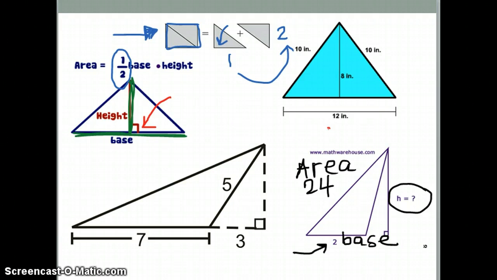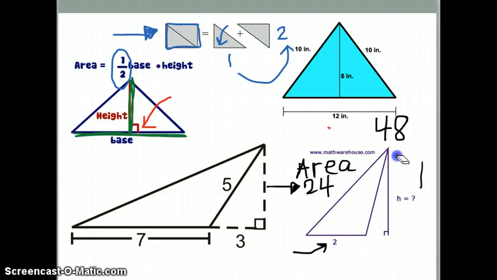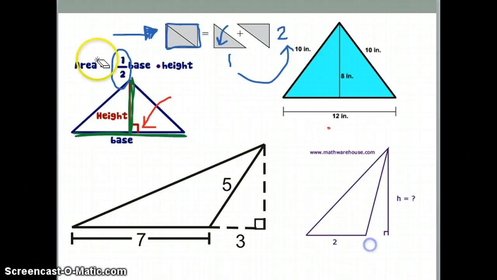If I divided by 2 or multiplied by 1/2 in order to get my area, that means that this number only represents half of the whole thing. In order to get that whole area, I'm going to multiply it by 2 and I get 48. So if I know that the whole area of that rectangle would be 48, and I know my base is 2, in order to get 2 times something to get me 48, it would have to be 2 times 24.